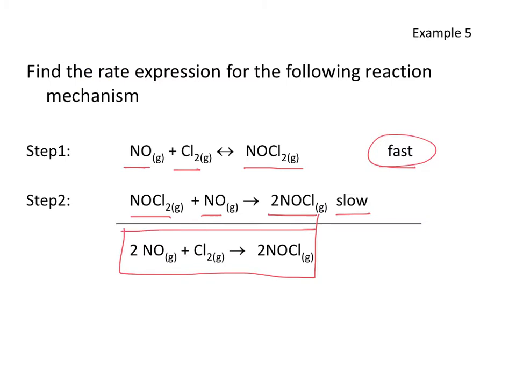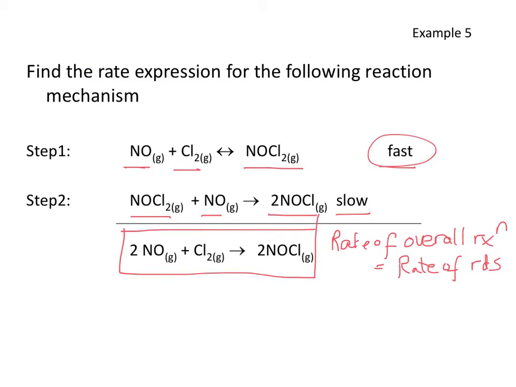Now, you can say that the rate of the overall reaction is going to be equal to the rate of the rate determining step. So if you are able to determine what the rate determining step is, we are going to take it from there. Which one do you think it is going to be, fast or slow? You got it right.